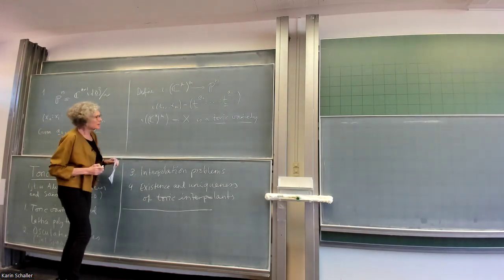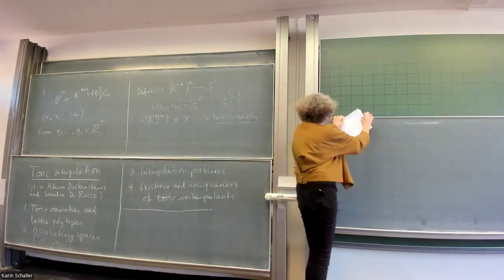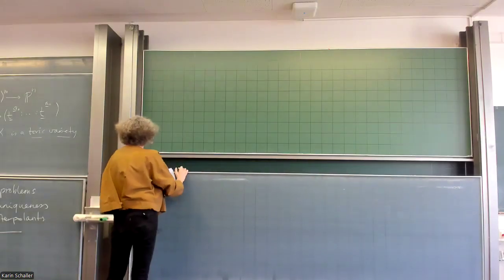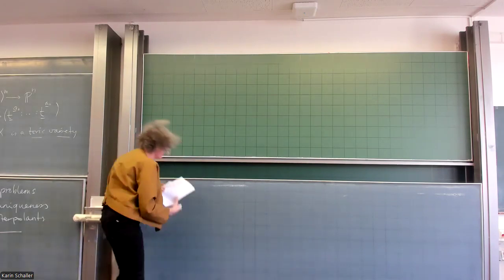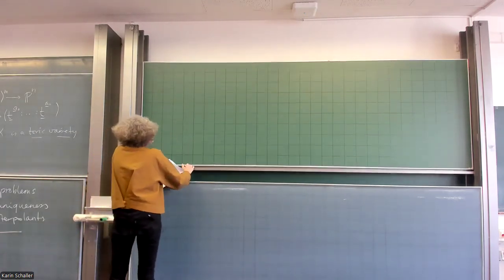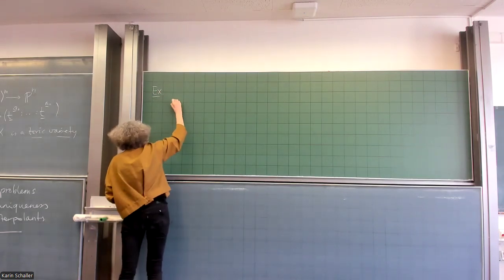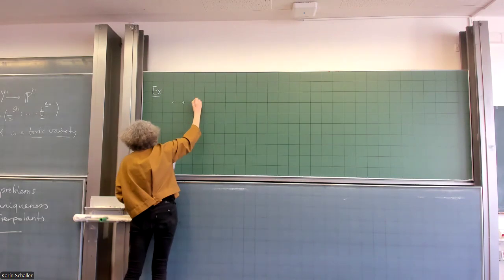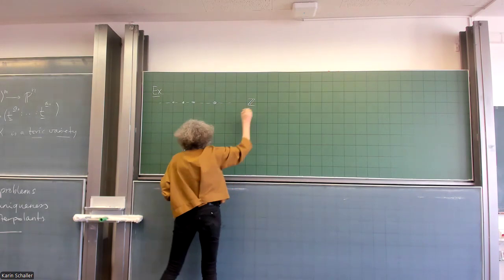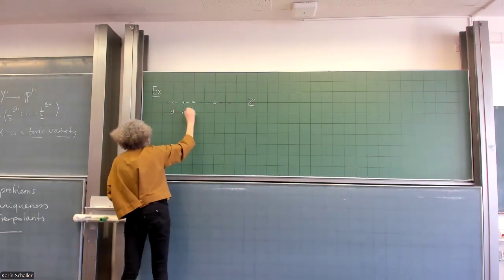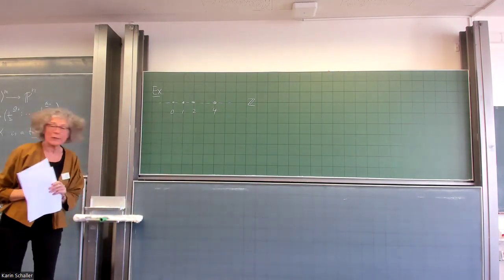Now, let me just give you a simple example. Here we have Z, with the lattice points 0, 1, 3, 4. So these are 4 lattice points.